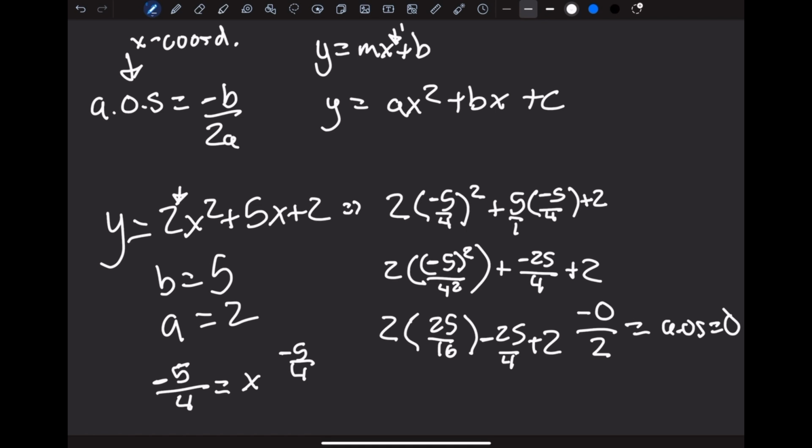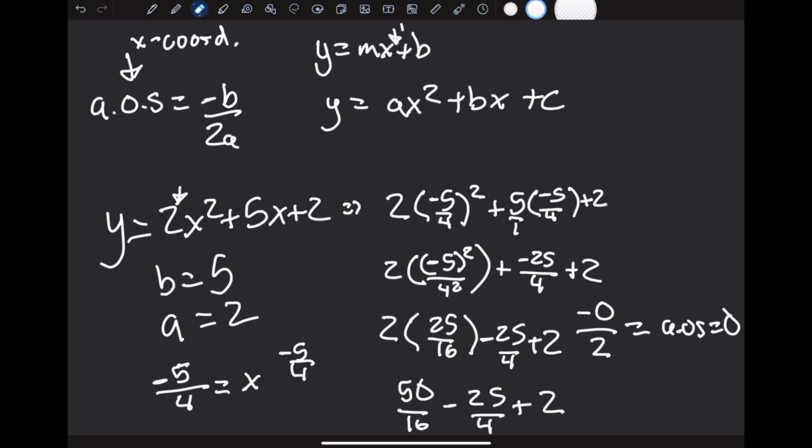So then you have 2 times 25, which gives you 50 over 16, minus 25 over 4, plus 2. Now we need to find what this equals. We must find like denominators, which in this case will be 16.